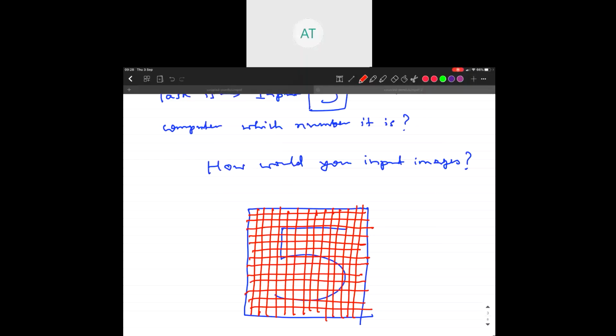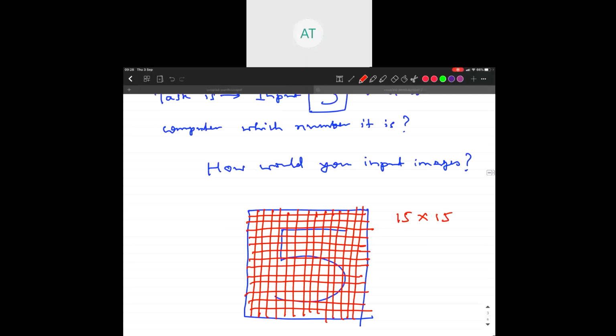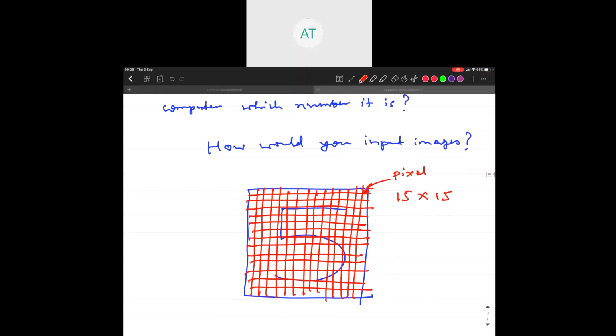Suppose we have divided it into 15 columns, and here it is also 15 rows. So we have divided it into a 15 by 15 grid, and we call each of these units a pixel.